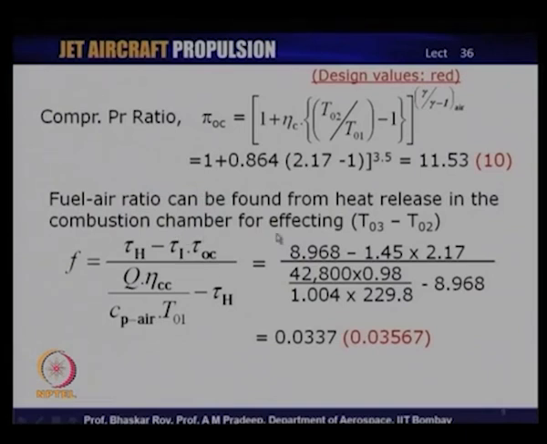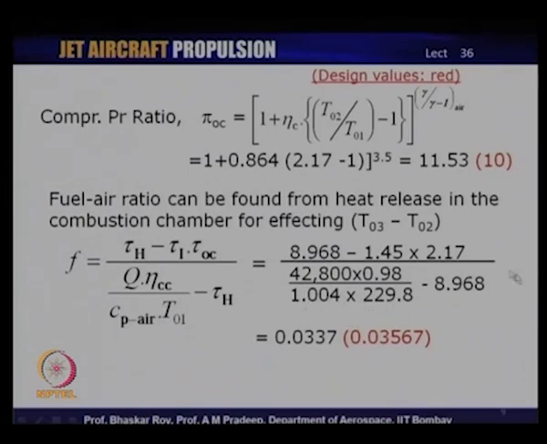The fuel air ratio can also be found from the heat release in the combustion chamber. We know what the heat release would be across the combustion chamber, and we use the enthalpy ratio that we have found. We can find the intake temperature ratio, we can use the compressor temperature ratio, and then we use the heating value of the fuel that has been given to us, the efficiency of the combustion chamber, and factor that with the inlet condition.